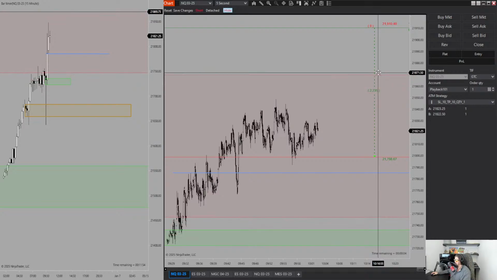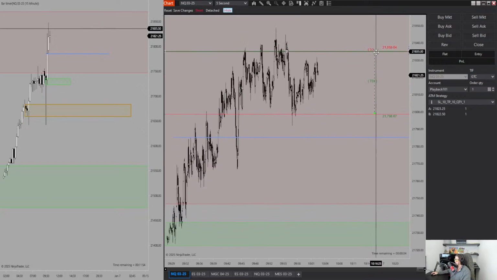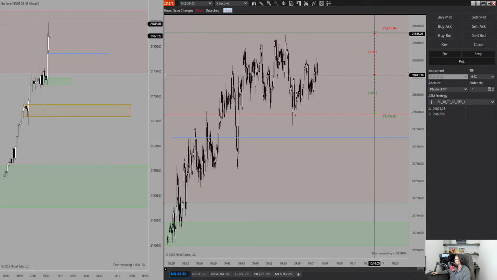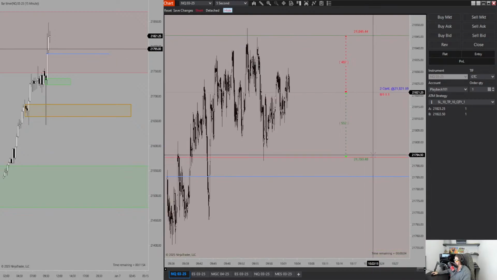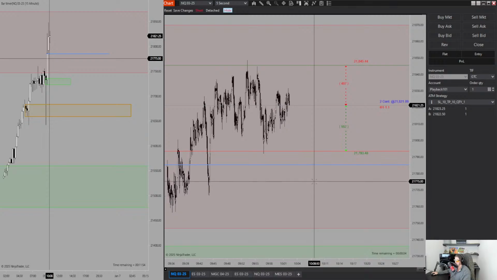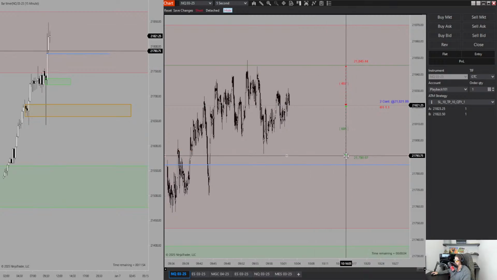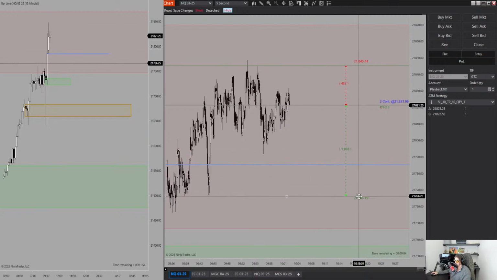Ideally, we want to cover a high. It's quite a hefty stop loss. If we're looking for at least a 2-to-1, ideally a 3-to-1, then I've got these equal lows down here.